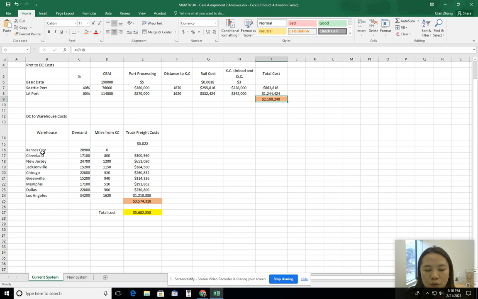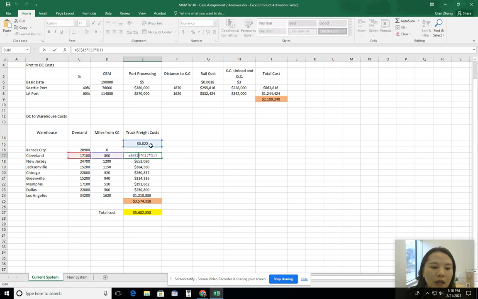And because the distribution center is in Kansas, we don't need to pay any transportation fee for the Kansas demands, but for others, we just use the truck freight cost per mile per unit times the total miles times the total demand.